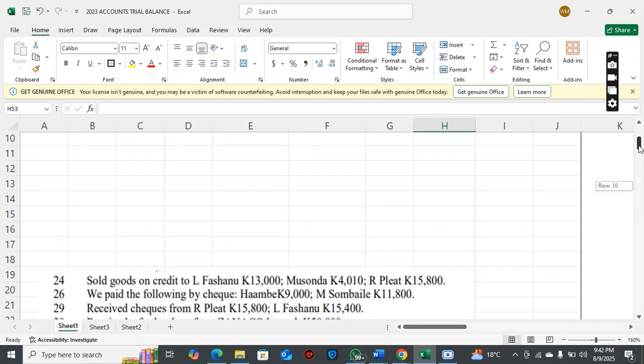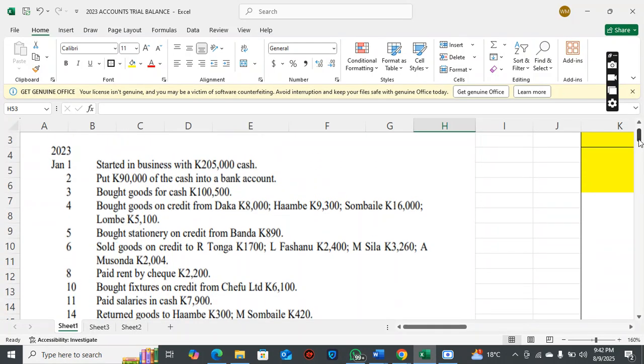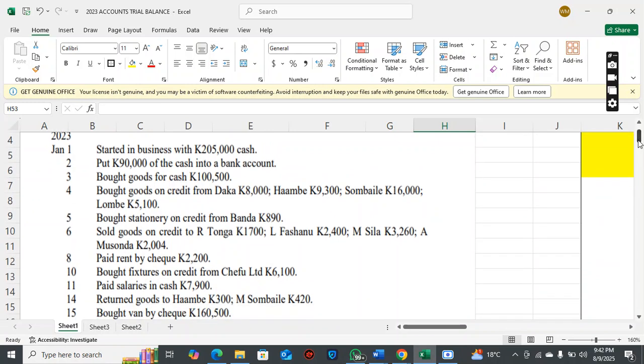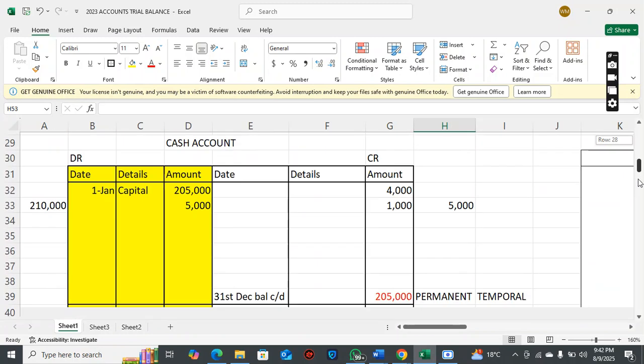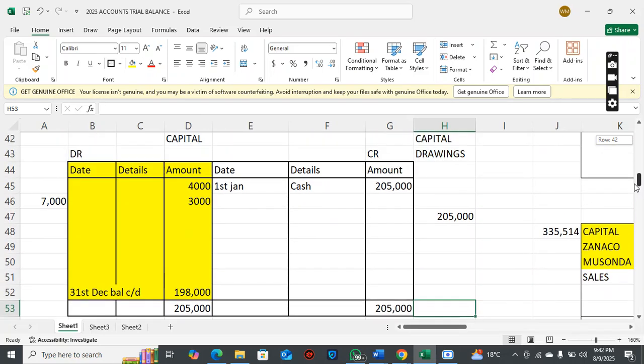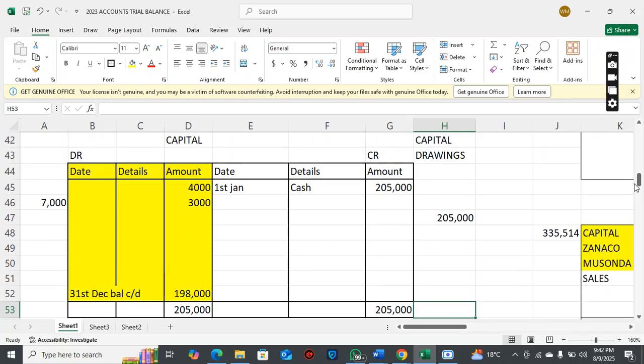Let me look for a transaction with a temporal account. Oh, the numbers outside.